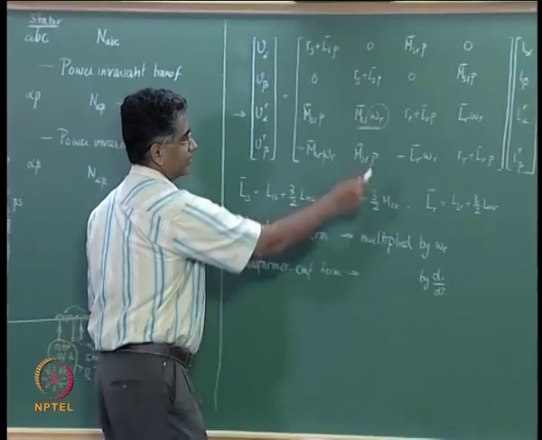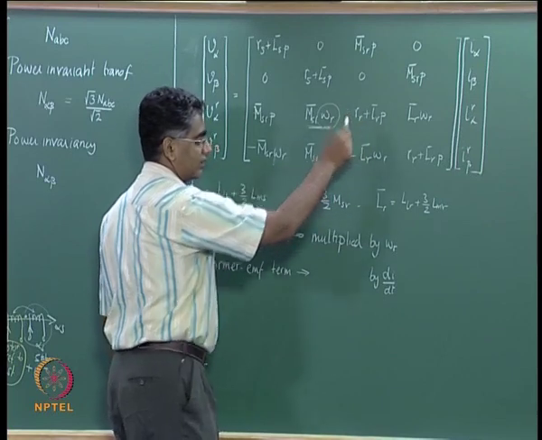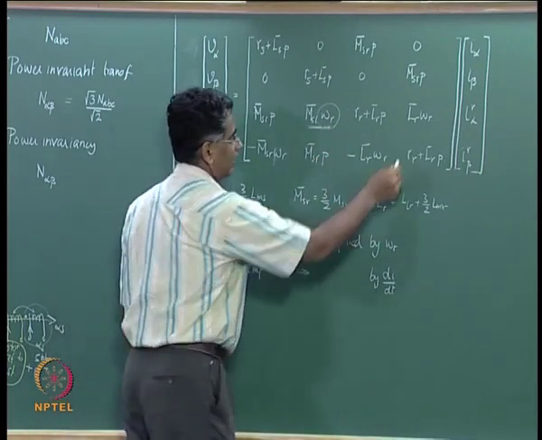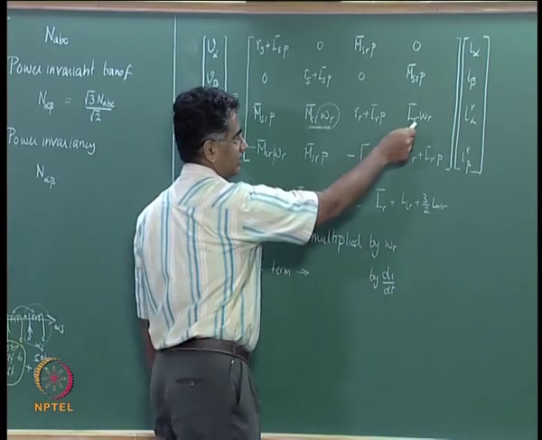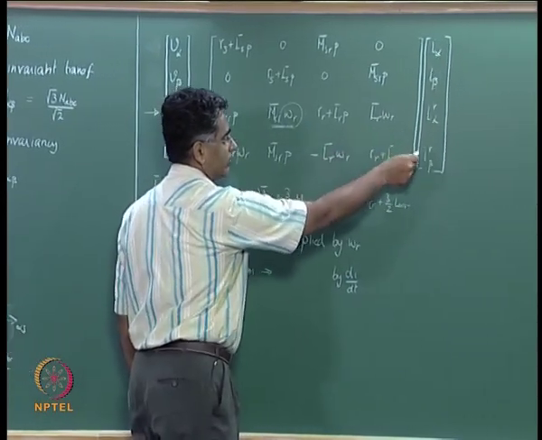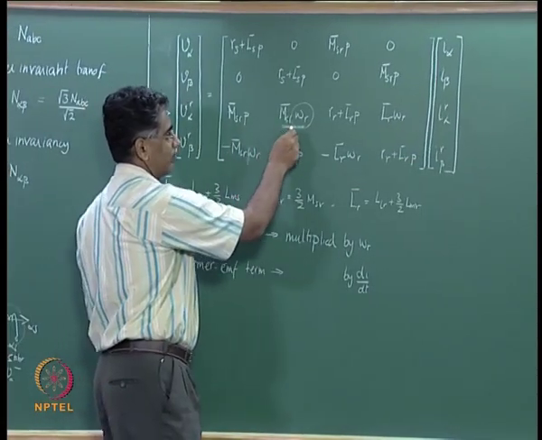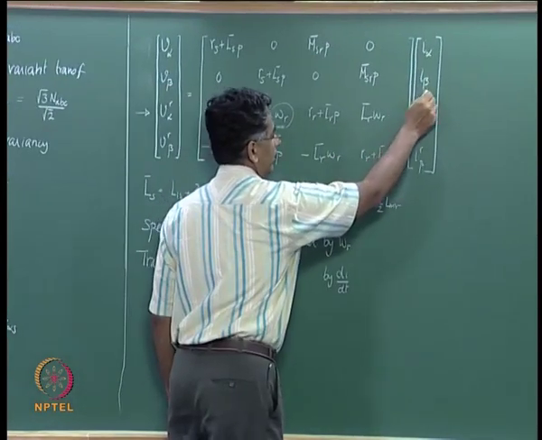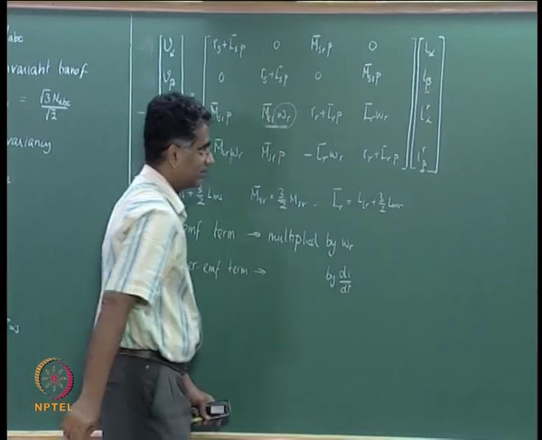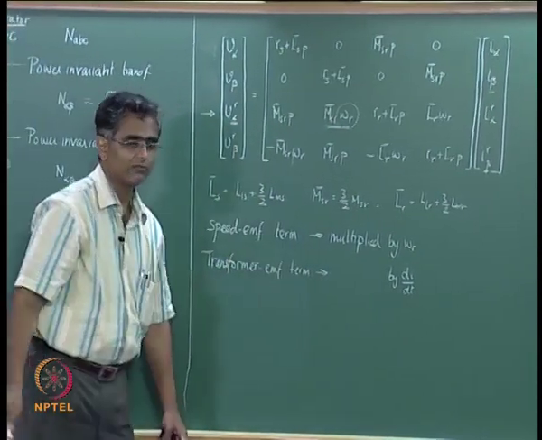and then you have the self term which is the resistance drop plus the self inductance drop, and then again you have a speed EMF term, and we notice that this speed EMF term arises due to IR beta, and therefore you see that this speed EMF term as well as this speed EMF term arises due to coils that are in beta axis occurring in a coil on the alpha axis.